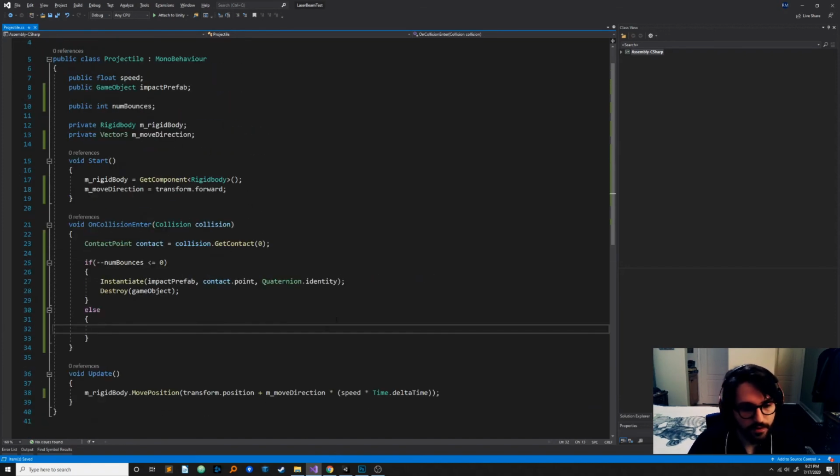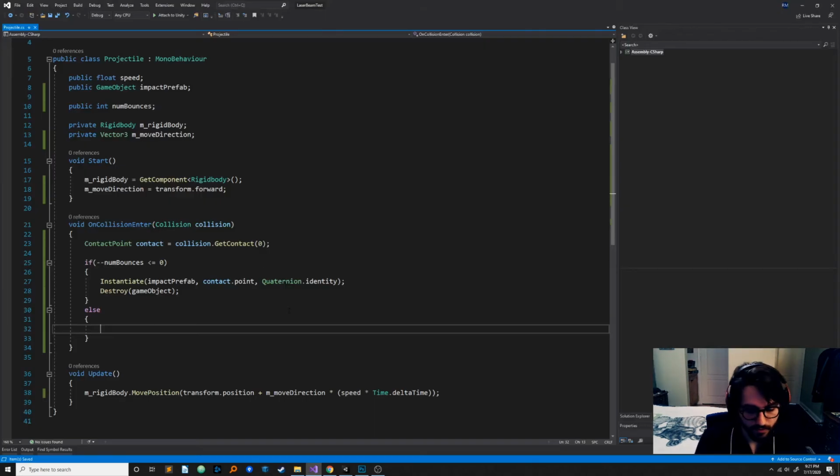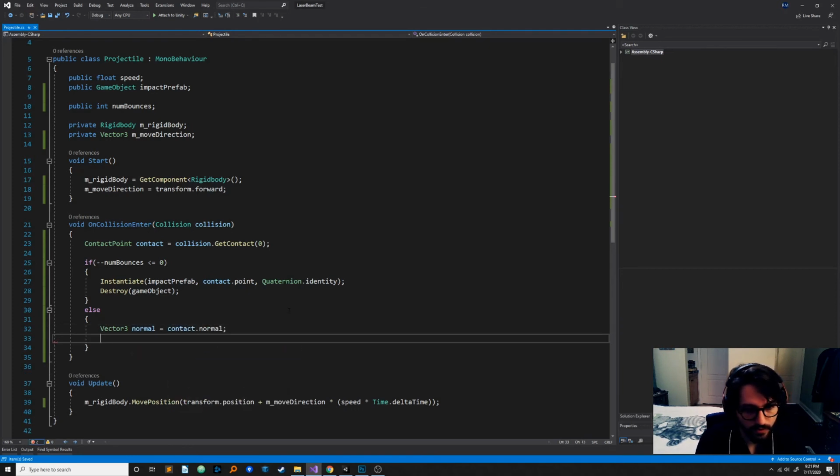Remember, if we refer back to the formula, we want to get the projection of n onto d, scale it by 2, and subtract it from d. First, we want to get the surface normal. So normal is equal to contact normal. Then we want to do a projection.